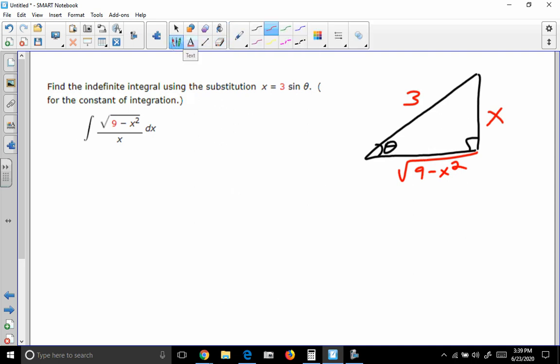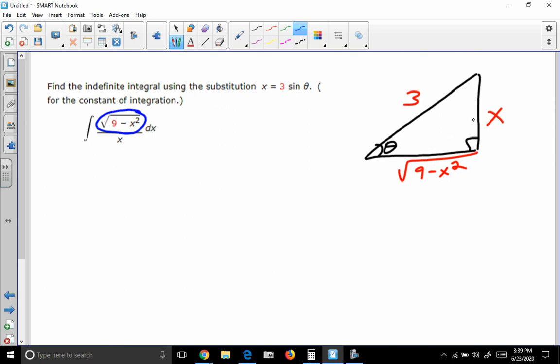Okay, so we need to make some substitutions. So let's find out what we need to replace that with. Let's write a trig function that involves the square root, and we could actually do this several different ways. We can write one that involves the square root over x.